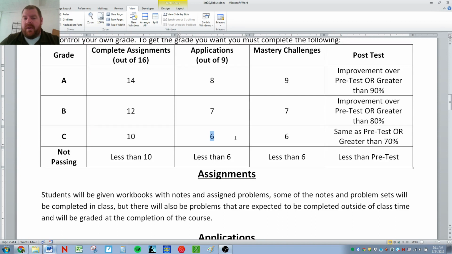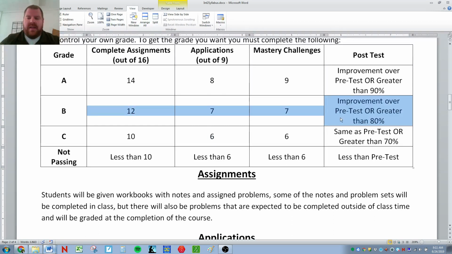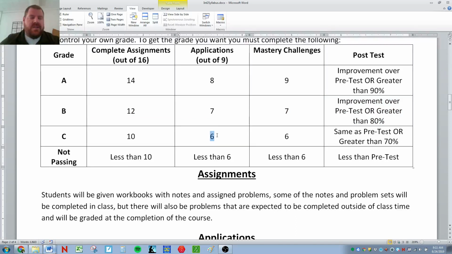You made me work really hard on problems, and I only passed 6 of those. Even though these other ones landed in this row, that application being a 6 is going to drag it down to a C. So you need to focus on these and pass 7 or more of those application pages. That's what you're going to be expected to do.